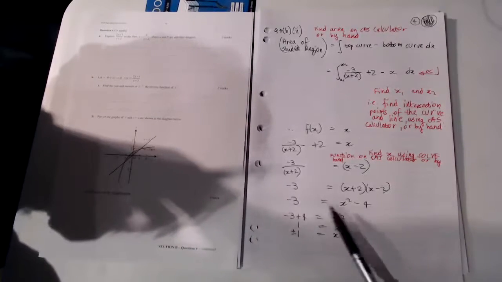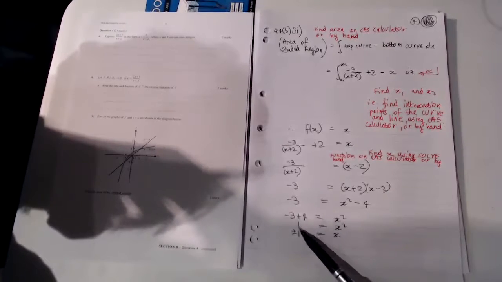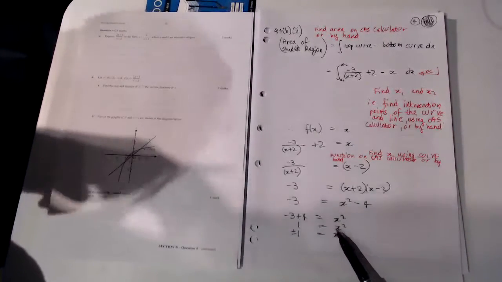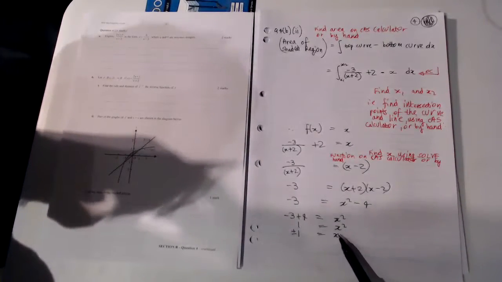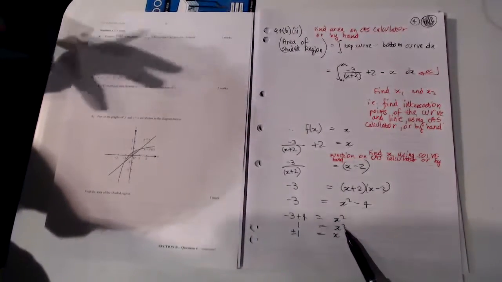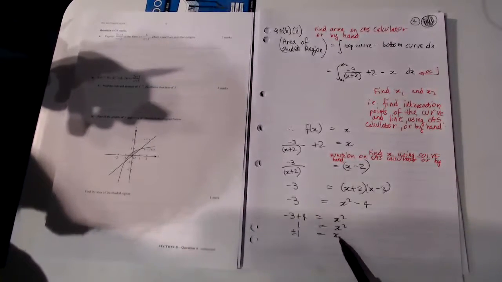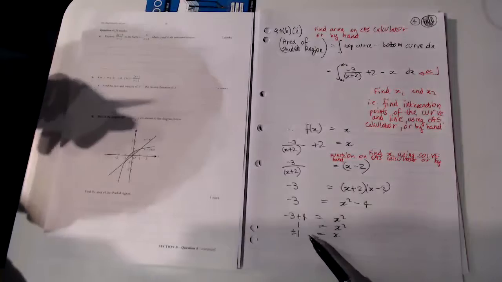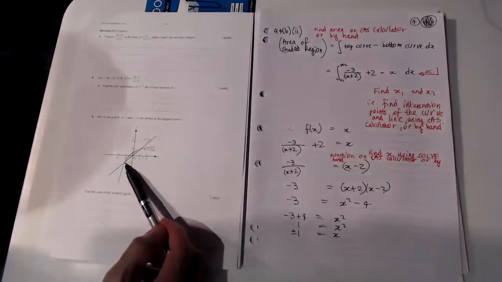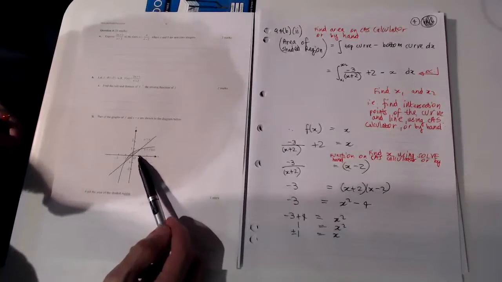Then put the -4 on the other side, which becomes plus 4, and that becomes 1 equals x squared. Therefore, take the square root, remembering it's a positive or negative square root, and it gets you to x equals plus or minus 1. So now we know that one intersection point is at -1, and the other intersection point occurs at +1.